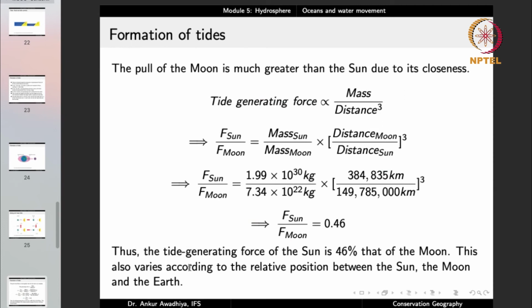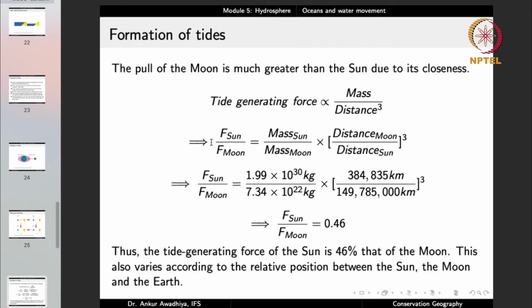Now, if we consider the amount of force applied by the sun and the moon, the pull of the moon is much greater than the sun because the moon is much closer to the earth. The tidal generating force is proportional to mass divided by distance to the power 3.